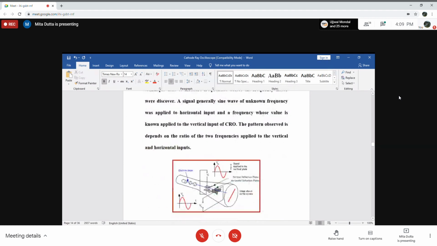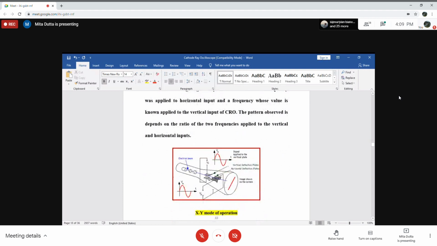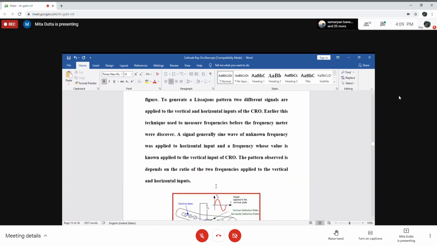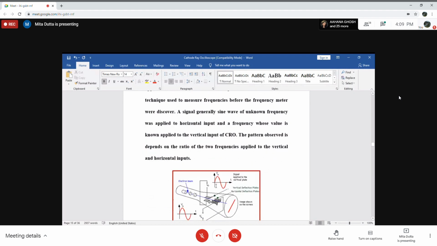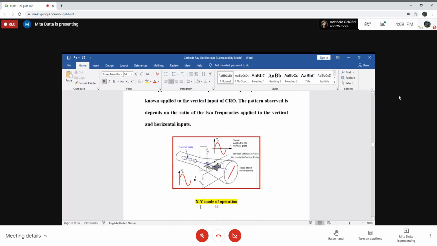And when sinusoidal signals are present at both the horizontal input and vertical input terminals, then the oscilloscope horizontal amplifier will act in XY mode of operation. So if we have sinusoidal voltages at both vertical and horizontal deflection, then we obtain a Lissajous figure.